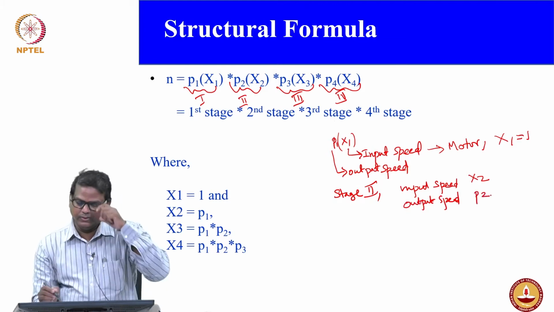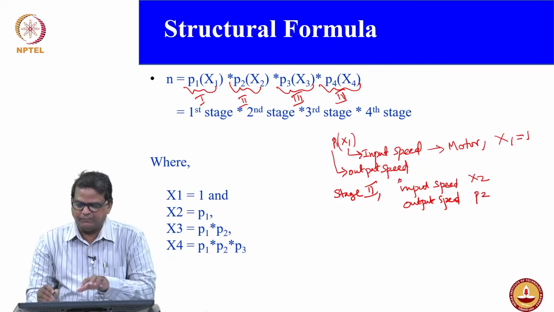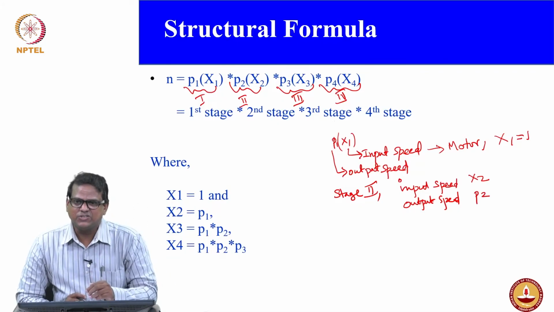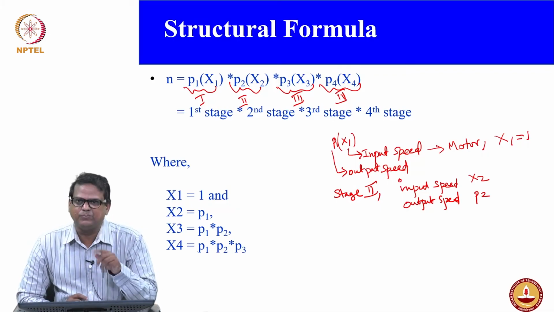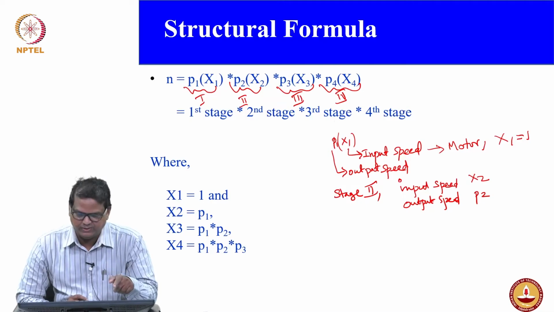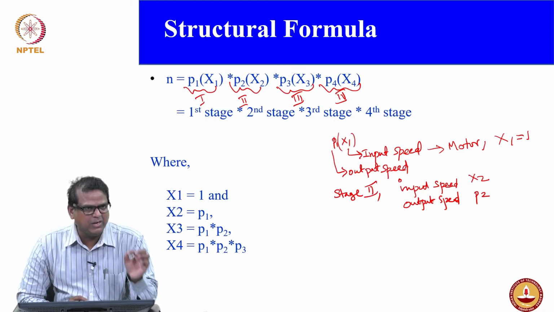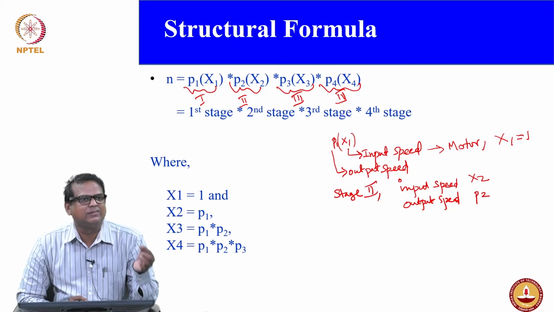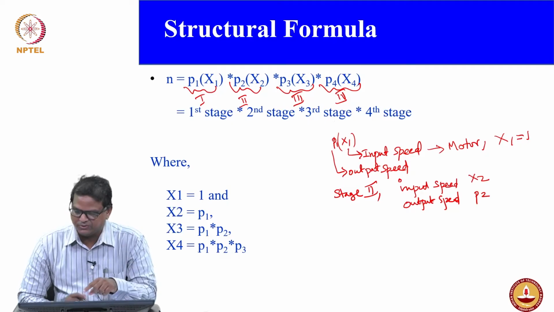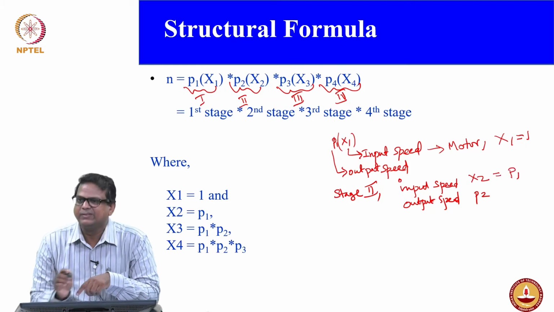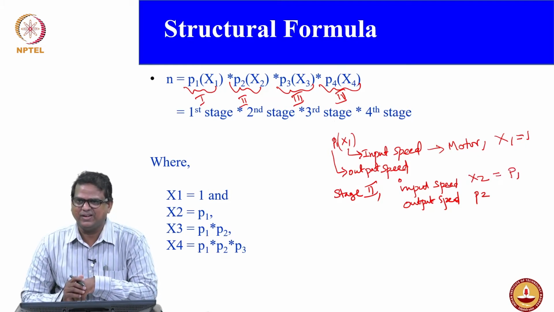So, where is the input speed for x2 coming from? It should come from stage 1. What is the stage 1 output speed? P1. P1 is the output of the first stage, so P1 is the input speed of the second stage. That means my x2 is P1. Is it clear now? Right, it is clear.